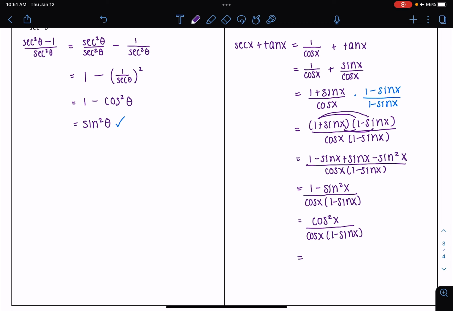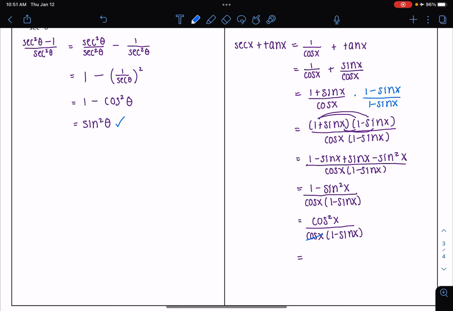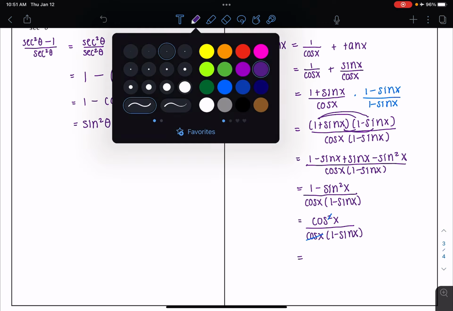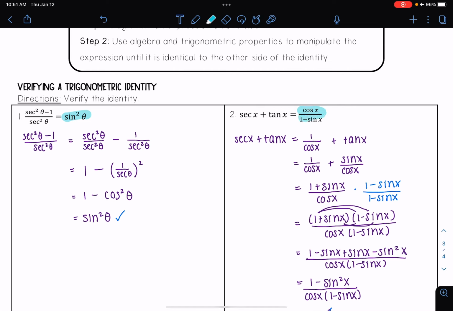Then I see that my cosines here actually cancel. I cancel this one, I cancel just one of mine up on top, and so I end up with my identity of cosine of x over 1 minus sine of x. I see that that matches what I was trying to prove.